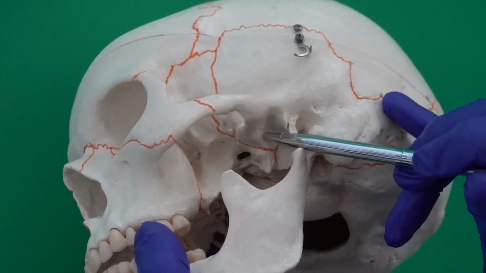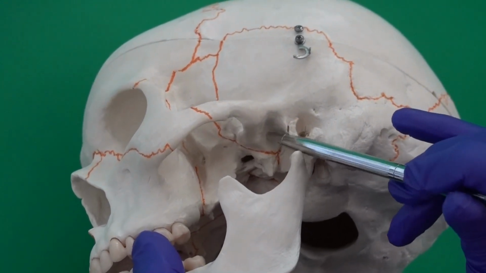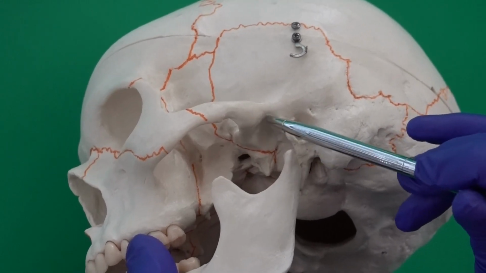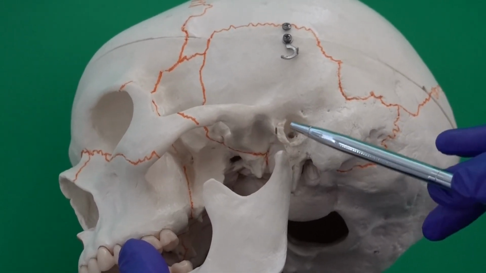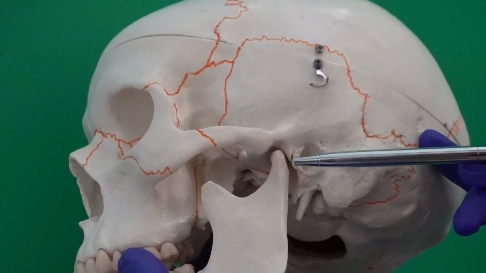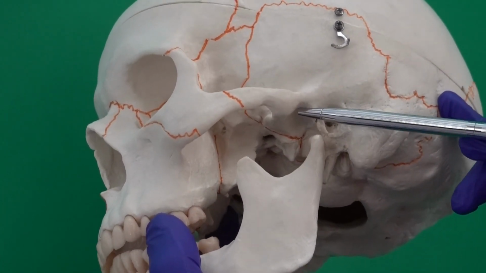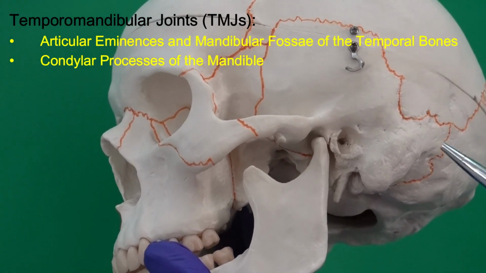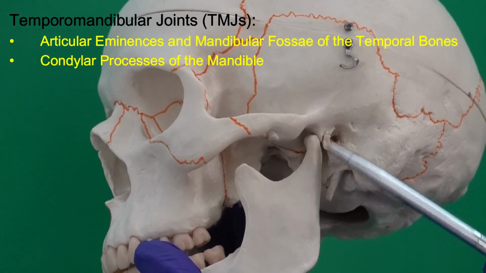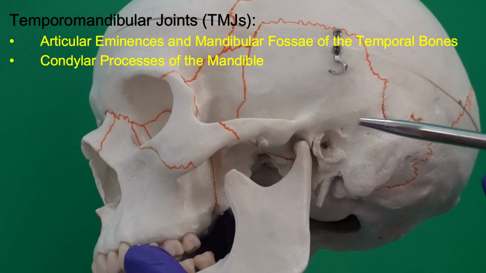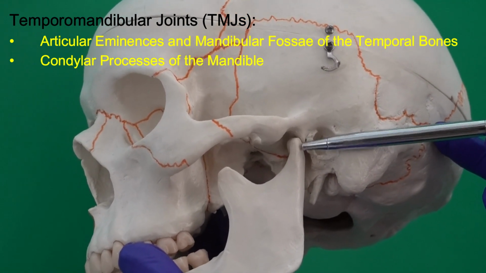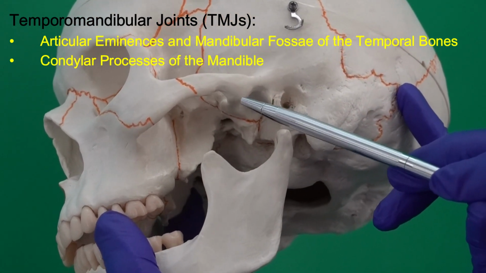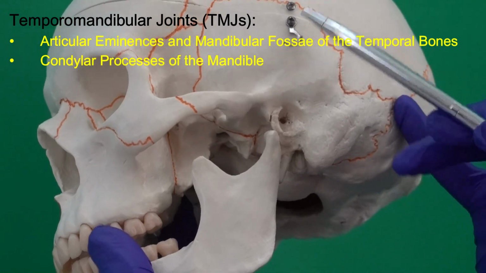Again, we do not see the fibrocartilage in this skull, but we must have a layer of the strongest cartilage in our body, which is fibrous cartilage here, because that's the place that the condyle of the mandible articulates with to form the temporomandibular joint. So whenever we talk about the temporomandibular joint, that's a joint that forms between three structures: the condyle of the mandible and the mandibular fossa and articular eminence of the temporal bone.